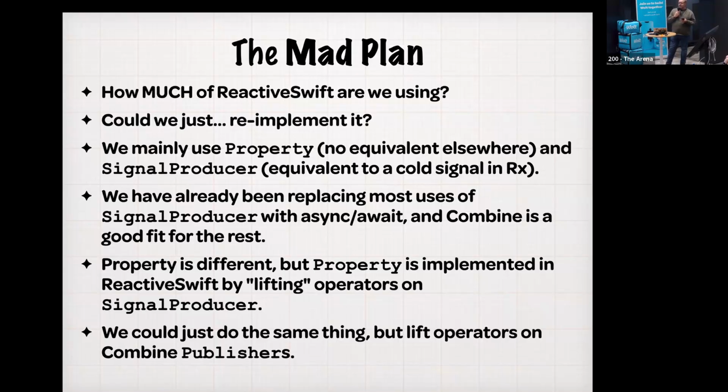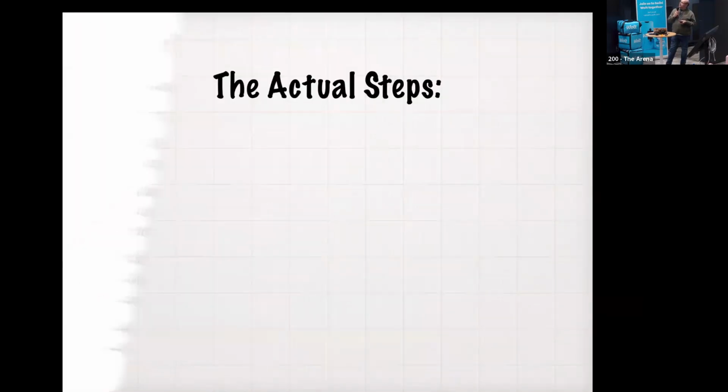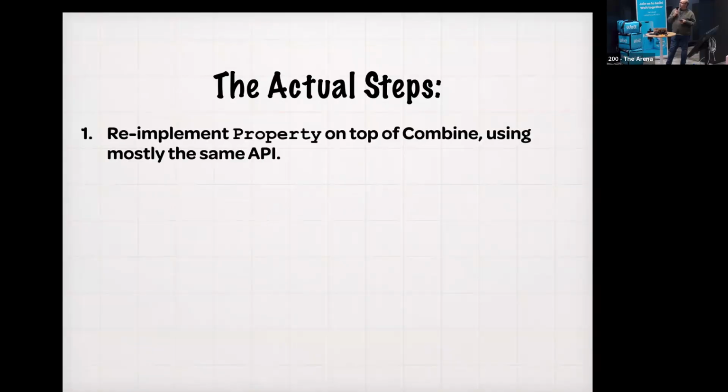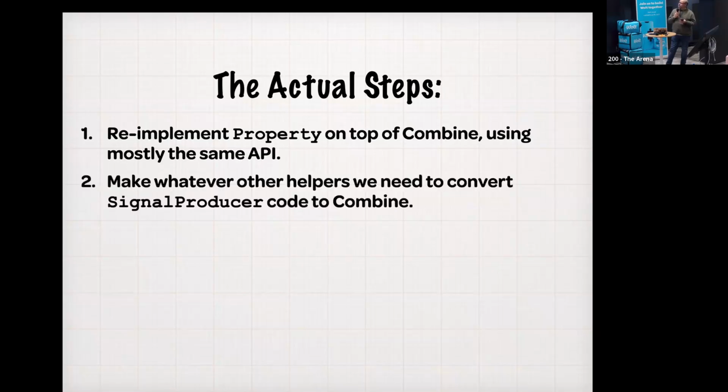So that was the vague idea of a plan. Now, what are the actual steps of doing this? Well, we need to re-implement Property on top of Combine using pretty much the same API, not necessarily exactly the same API, but very close so that there's no big changes. And then we can make some helper code to convert the SignalProducer stuff. We have to use Combine instead.